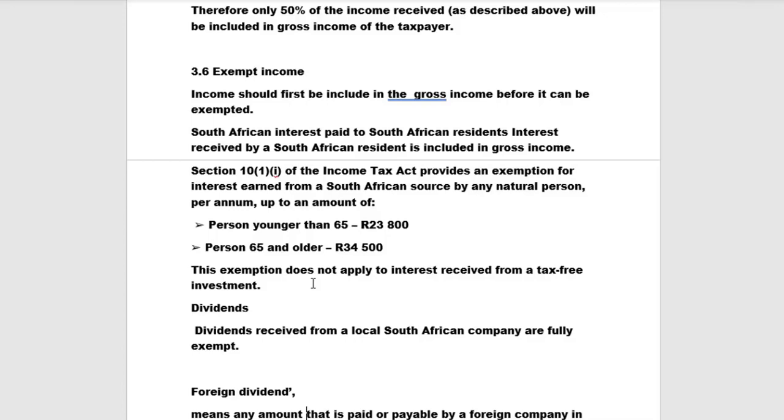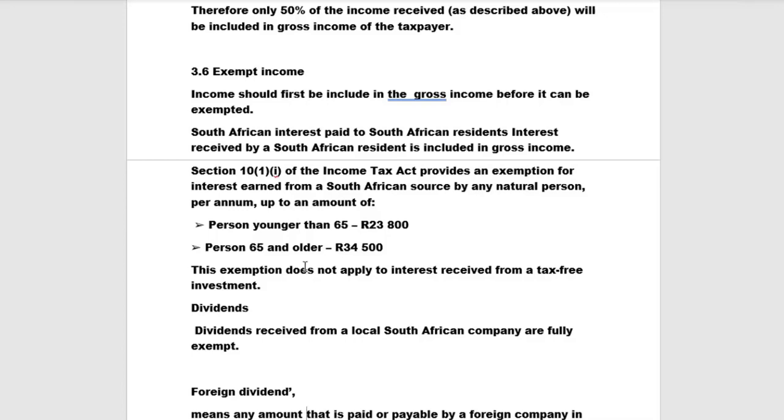This exemption does not apply to interest received from a tax-free investment. I know we are aware of what a tax-free investment is, meaning those are investments that are not subjected to tax. But let's have a look at the dividends. Dividends received from a local South African company are fully exempt.